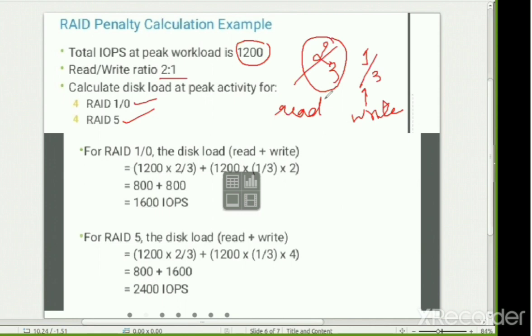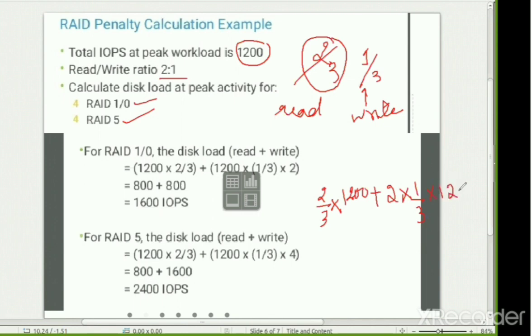Now you can check that. The read operation is 2 divided by 3, so I am going to write it as 2 divided by 3 into the workload I am having, which is 1200, right? Plus, the RAID level is 10, so the penalty is 2 into the write one, which is 1 by 3, into the operations performed, 1200.